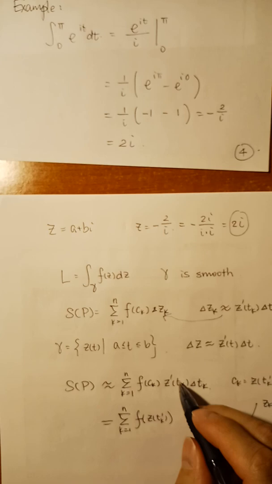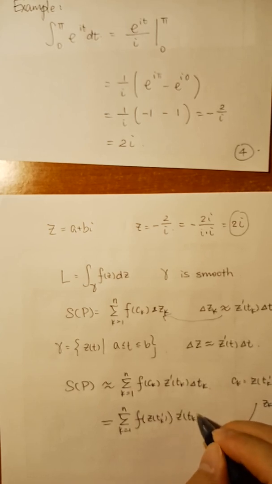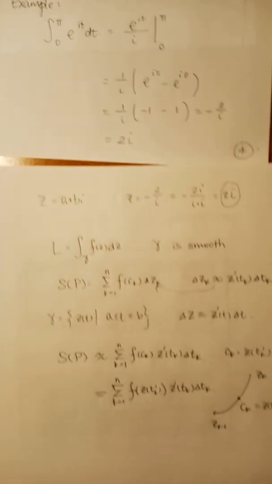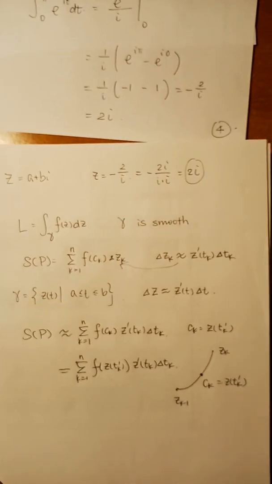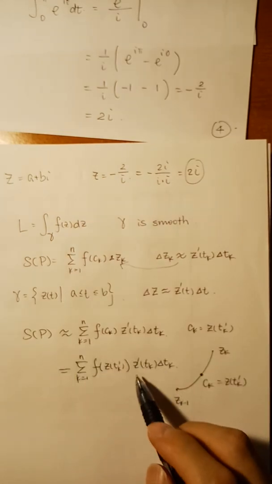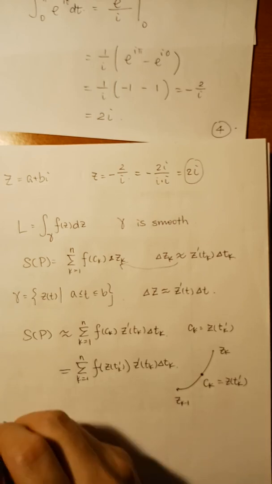I use prime because I have another t_k here. This is the Riemann sum, and then you let the mesh approach 0. When you let the mesh approach 0, this gives us the equality. That's theorem 4.